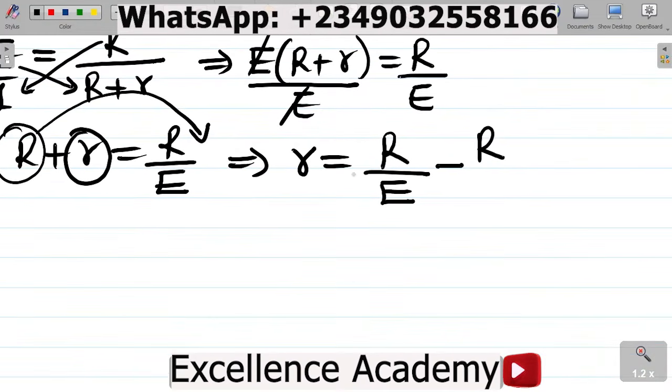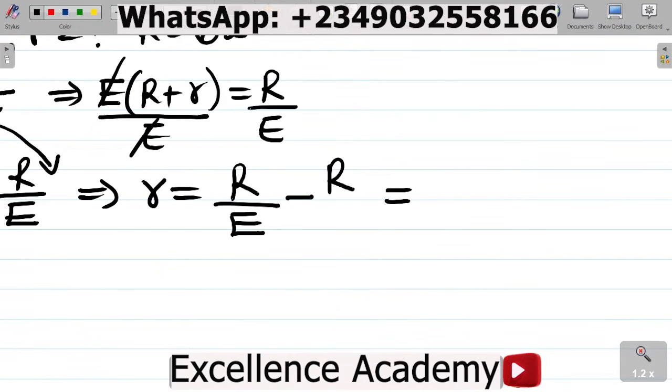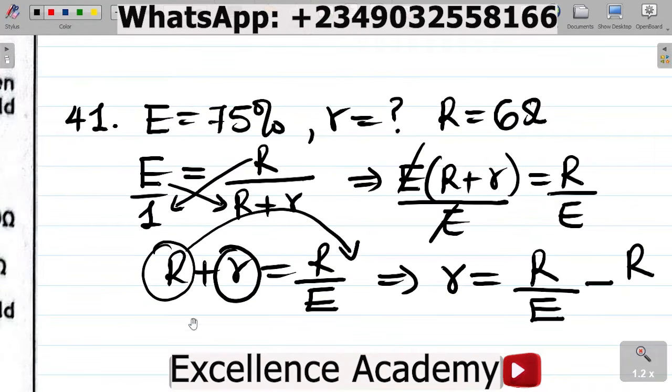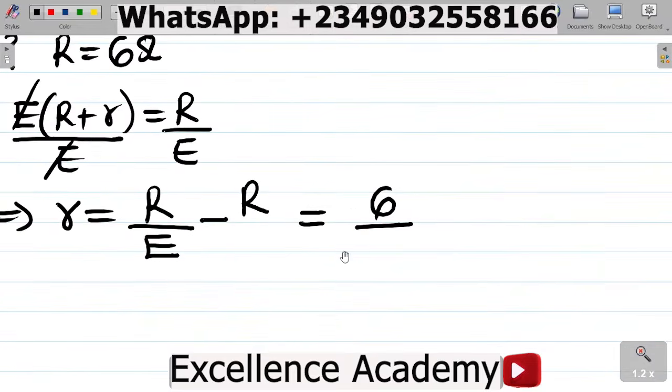Let's input values. This is equal to capital R, the value is 6, so 6 all over the value of E, which, don't forget, we said is 75%. We'll convert this: 75% is simply 75 over 100, and that's equal to 0.75. So E is actually 0.75, which is 75%.